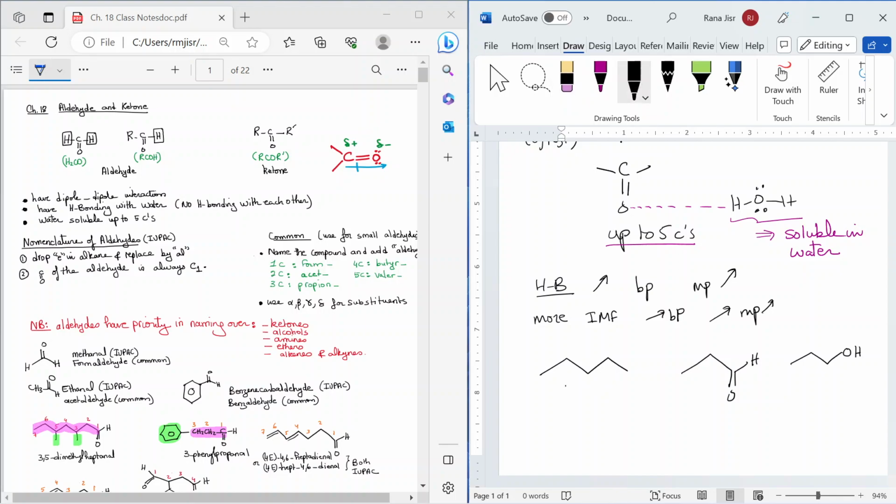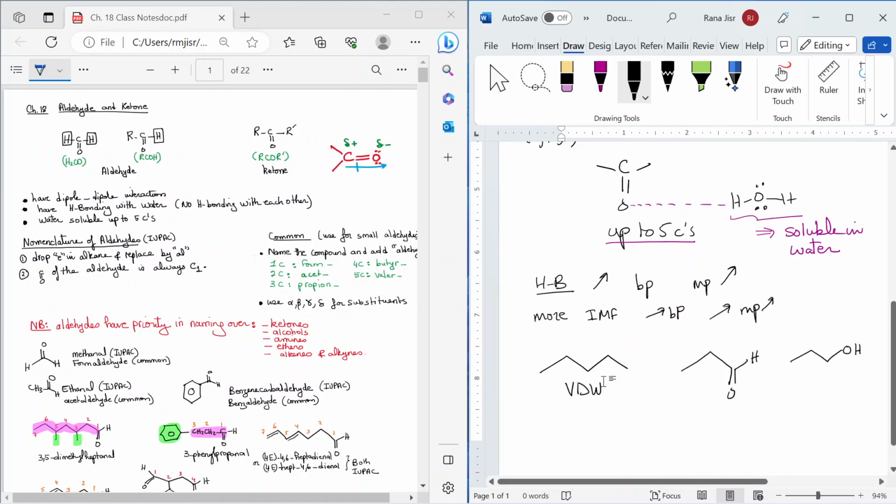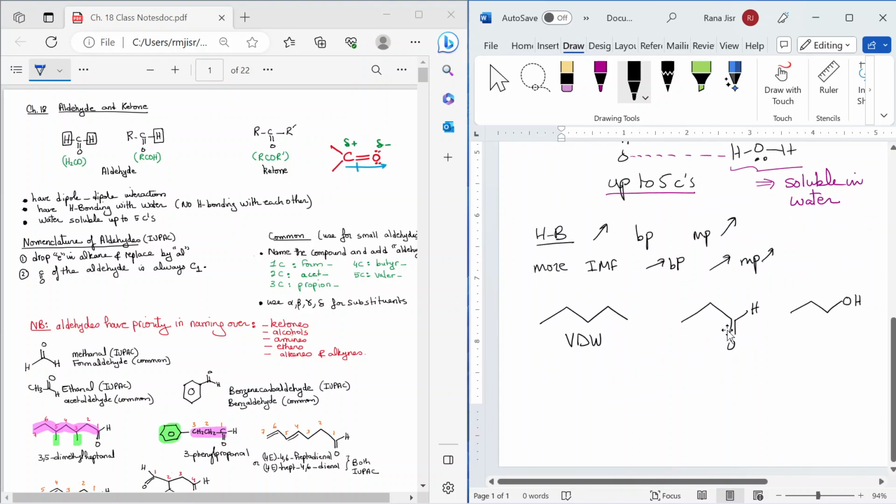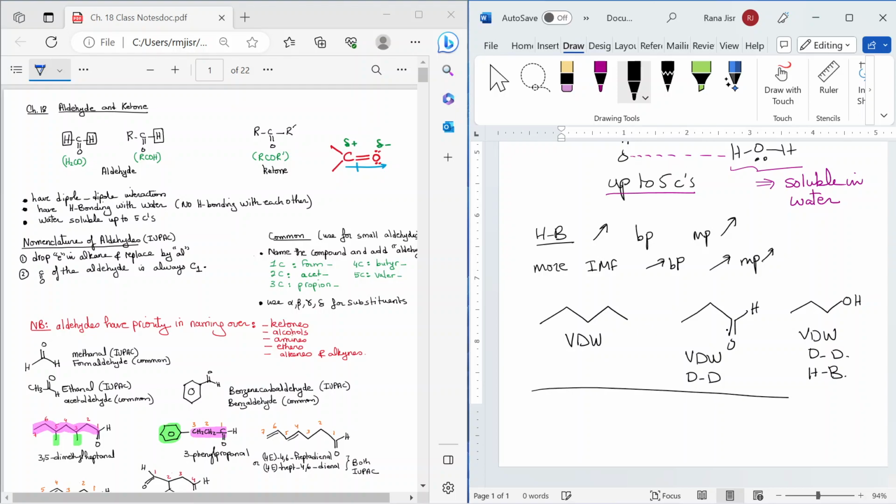Alkanes have weak van der Waals forces. These are very weak London forces that exist between hydrocarbons or between two compounds that come closer to each other. The aldehyde has also van der Waals forces and has dipole-dipole interaction. And the alcohol has the van der Waals forces, it has dipole-dipole interaction, and in addition to that, it has hydrogen bonding. So this is why we are expecting that alcohols have a higher boiling point and a higher melting point.